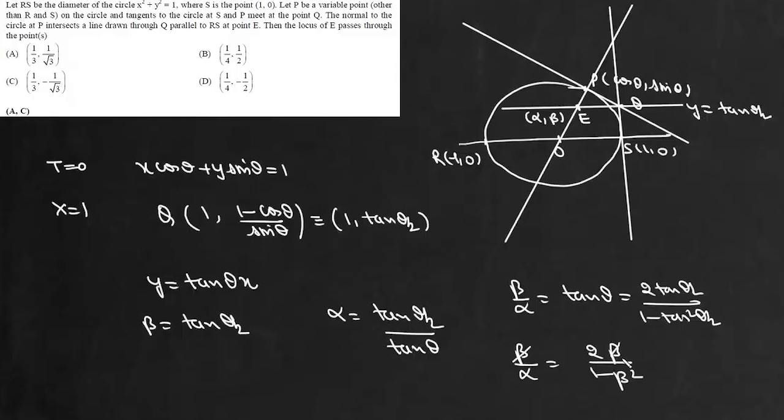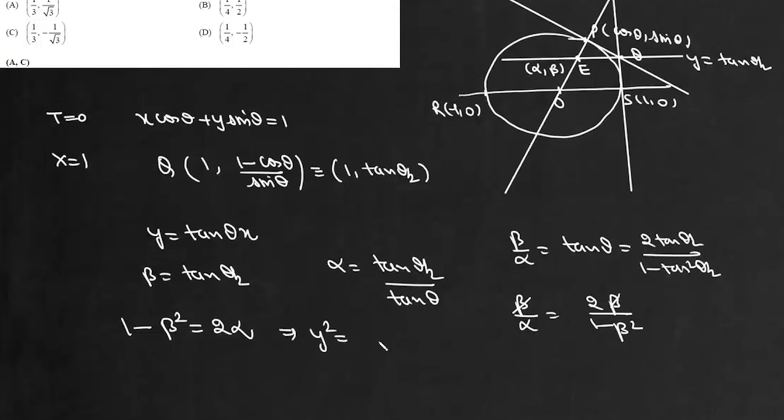Now this beta will cancel. So this locus will be 1 minus beta square equals 2 alpha. We'll replace beta with y and alpha with x. Then we can write y square equals 1 minus 2x, which is a parabola. So locus of this point E is this parabola y square equals 1 minus 2x.